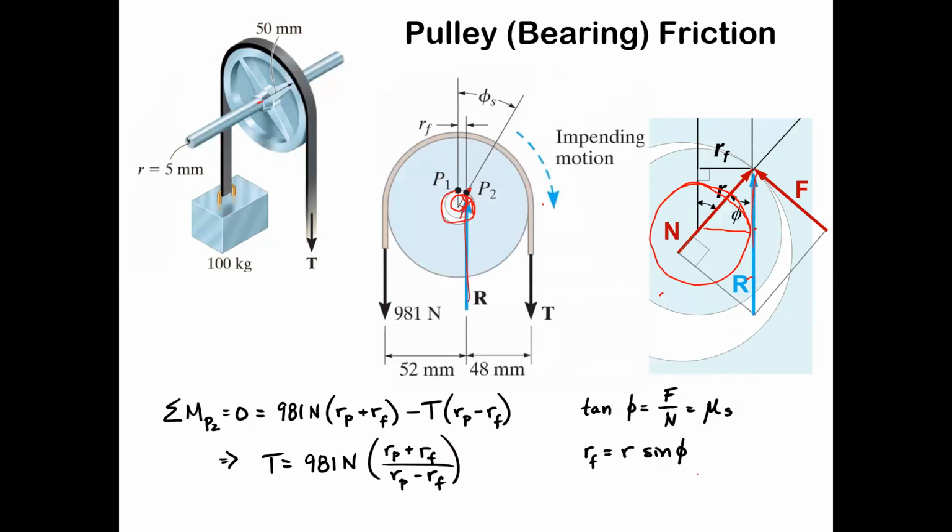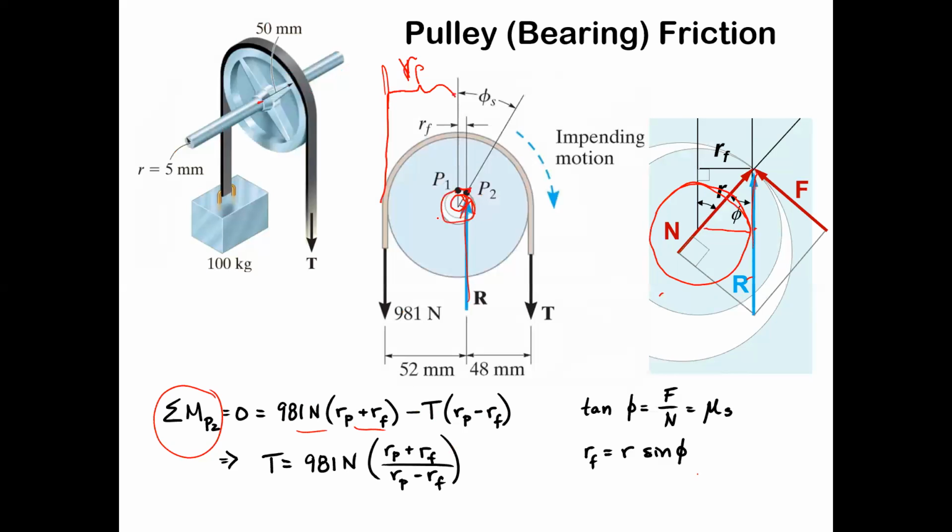RP in this case, it's not drawn here, would be the distance from here to here, right? This is RP. So that gives you these moment arms. The sum of the moments about P2, this point where you're shifting your resultant, is going to be 981 newtons times RP plus RF.